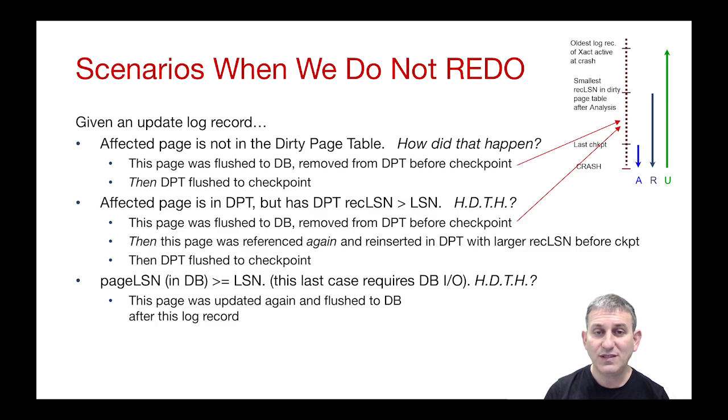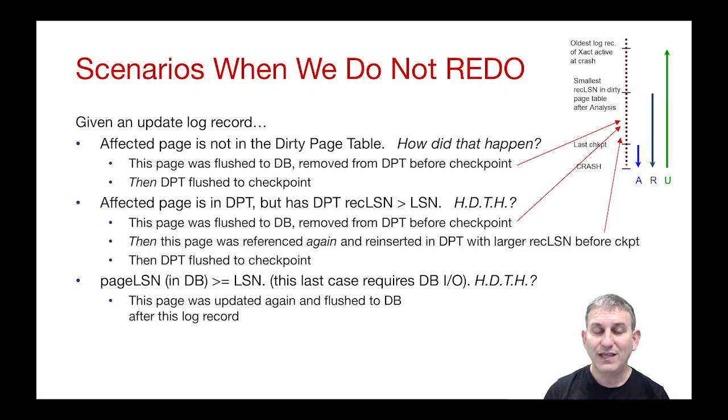Then it was referenced again, read back from the database into the buffer pool, and reinserted in the dirty page table with a larger recLSN than the LSN we're currently looking at, before the checkpoint. And then the dirty page table was flushed to the checkpoint, reflecting that second update to the page. We're currently redoing the first update to the page, but we know that that's already on the disk because there's a later recLSN for this page in the dirty page table, so we don't redo this one. It's already in the database.